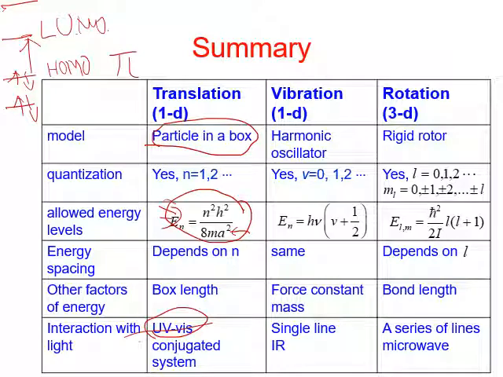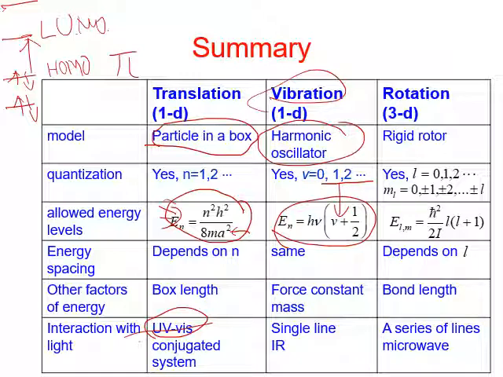Now, when we study the vibration of chemical bonds, we assume the vibration obeys Hooke's law, and that's called a harmonic oscillator. The solution of the Schrodinger equation again gives you certain allowed energies. The energy is determined by a quantum number V, which can be 0, 1, 2, 3, 4.